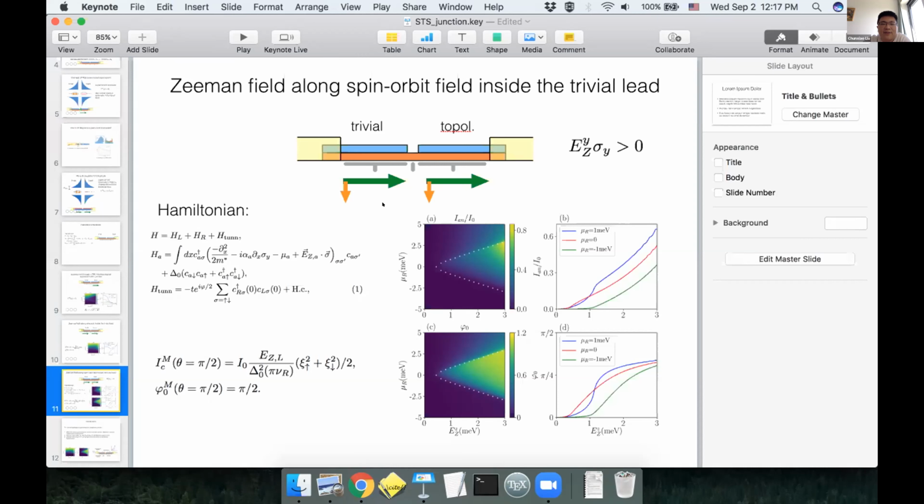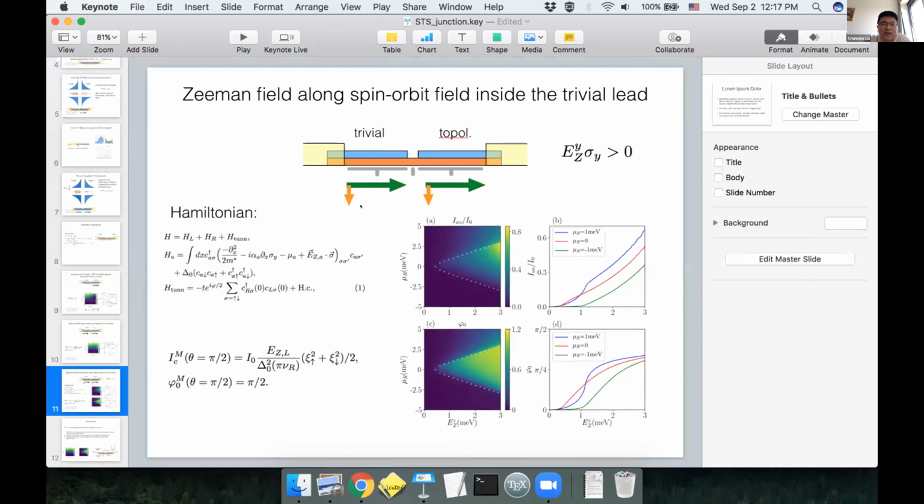But I have to say that the experimental situation will be more complicated, since you probably would have many subbands. That's not under control, so we continue to look at more realistic and complicated cases, say in 2D or 3D.